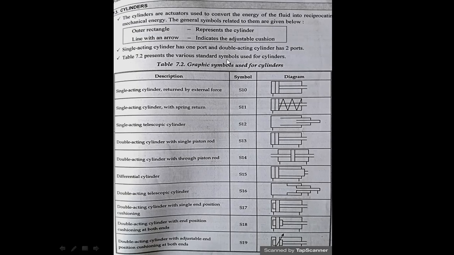Okay, so now you can see the graphic symbols for cylinders. For a single acting cylinder, the category is classified as single acting cylinder returned by external force. So we normally see that for applying force, we'll be having different kinds of forces.